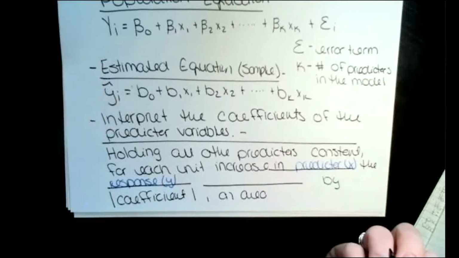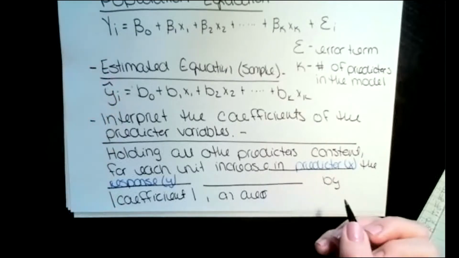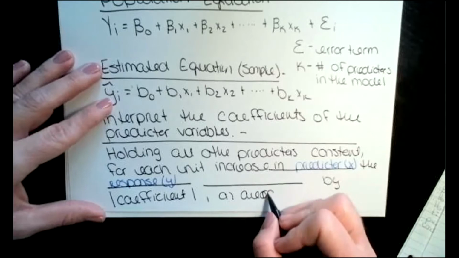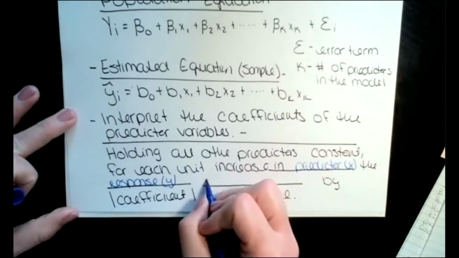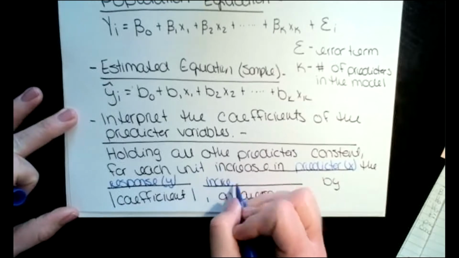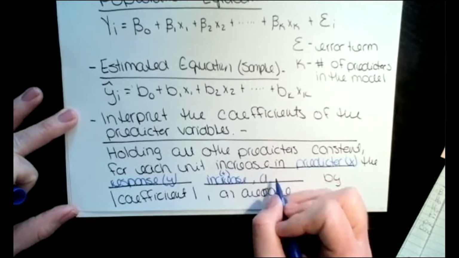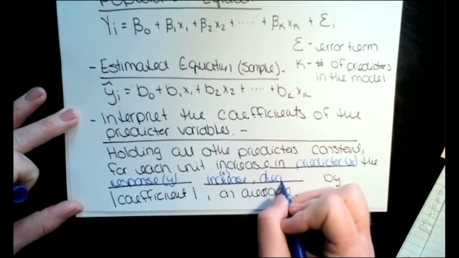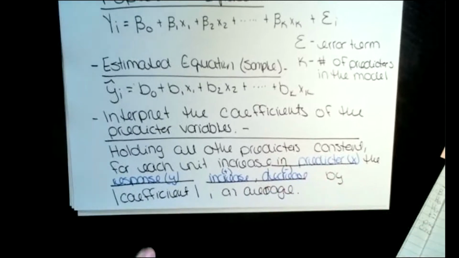If you don't put the on average, I'm not a really big stickler for it, but really that's what it is. It's on average. So this is my increase or decrease. Of course it's an increase if that coefficient is positive and a decrease if my coefficient is negative, and it's by the coefficient, okay?